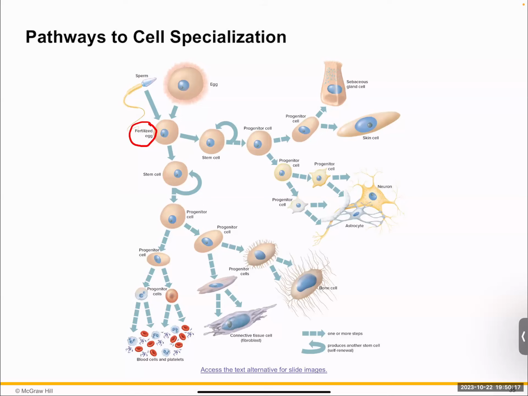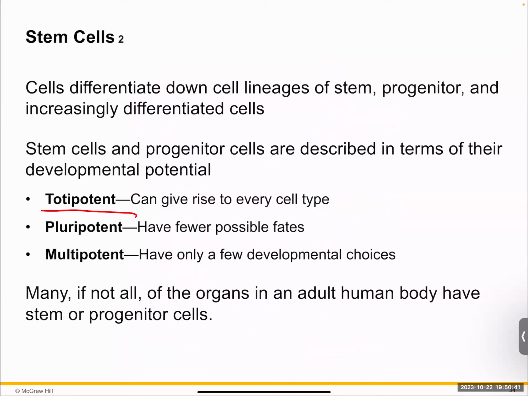At this stem cell, you can follow it down. You can self-renew, which is the arrow going back, or you can start to differentiate. Here is where you form the first line of progenitor cells. And then as you're going down further and further, you lose the ability to differentiate to any type of cell. So you're going from totipotent to pluripotent to multipotent.